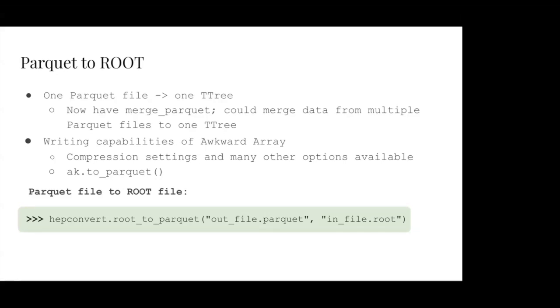I have implemented merge Parquet, so users could theoretically merge multiple Parquet files together and then convert that to one tree, if they have multiple files but they only want one TTree in a root file. And this has the writing capabilities of Awkward Array, so there are lots of different features usually when reading Parquet files.